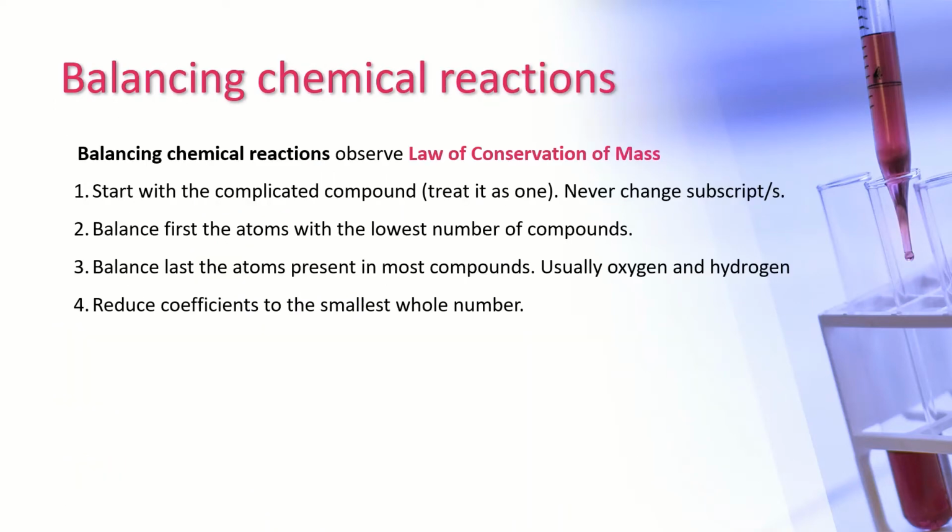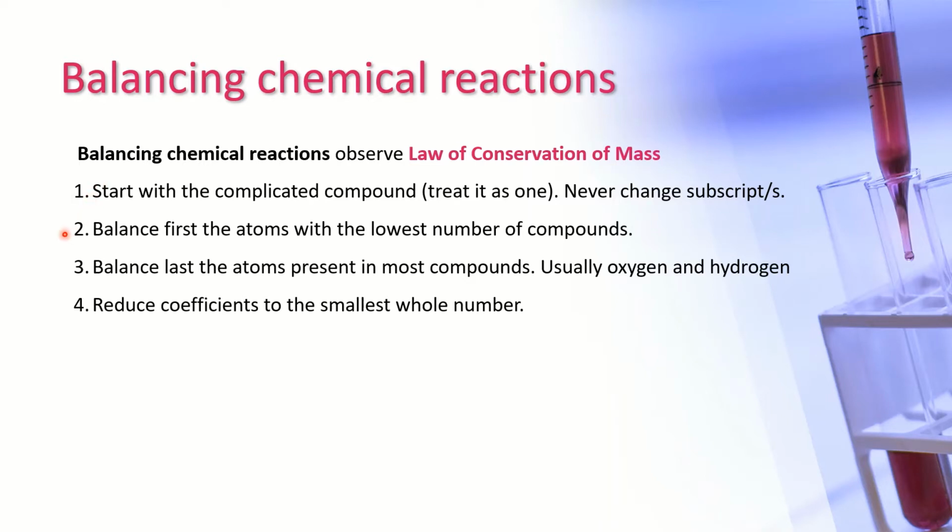Let's go now to balancing of chemical reactions. We need to observe the law of conservation of mass. The first rule is start with a complicated compound and treat it as one. Never change subscripts.